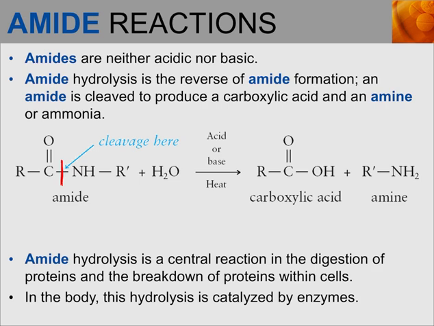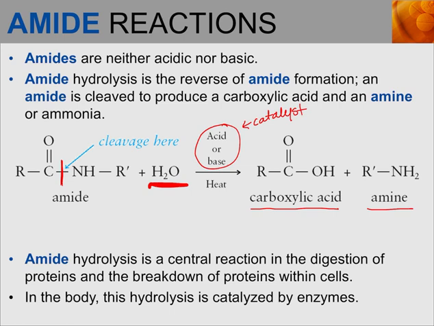We're also going to add water. This is hydrolysis. And then you can use either an acid or a base as your catalyst to help the reaction along. And you'll add a little bit of heat as well. And you'll end up forming a carboxylic acid and an amine. So again, just the reverse of amide formation.